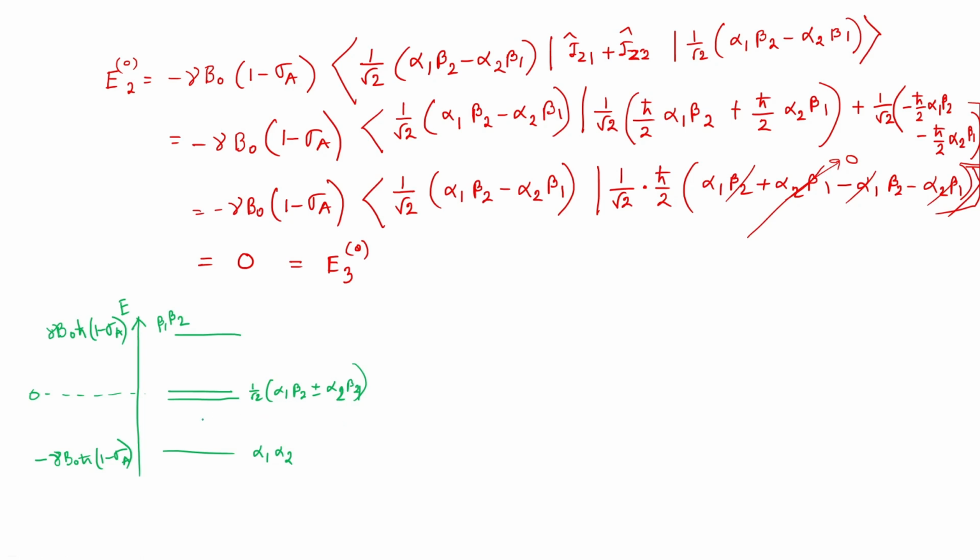So what are the possible transitions here to here and here to here? Both of them have the same energy, right? So that is why you are expecting a single line when there is no perturbation, right? This is, no coupling is there. Now we are going to see what is going to happen when there is coupling, right?